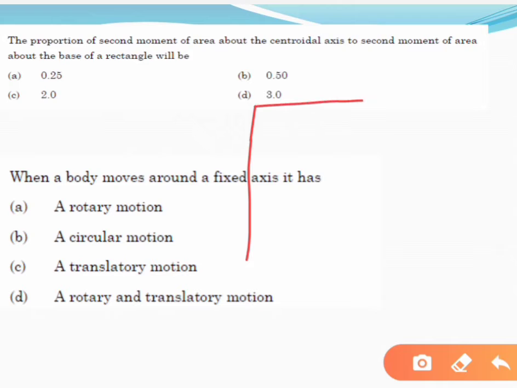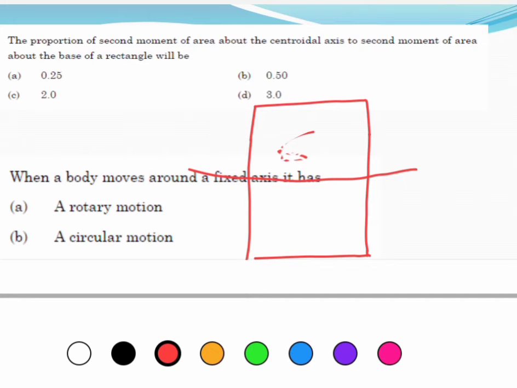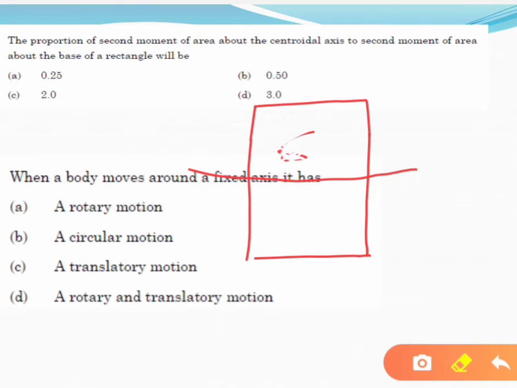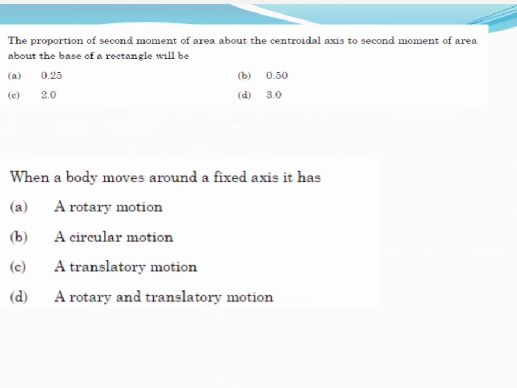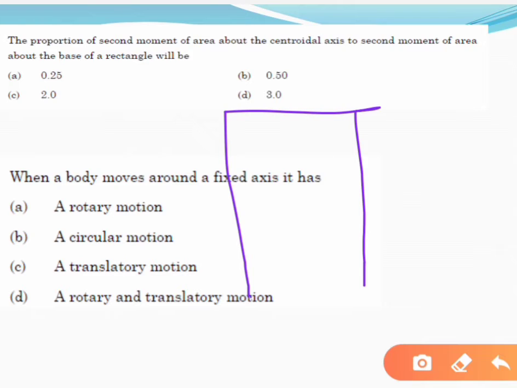So this is a rectangular section, and as you all know, the CG passes through it.